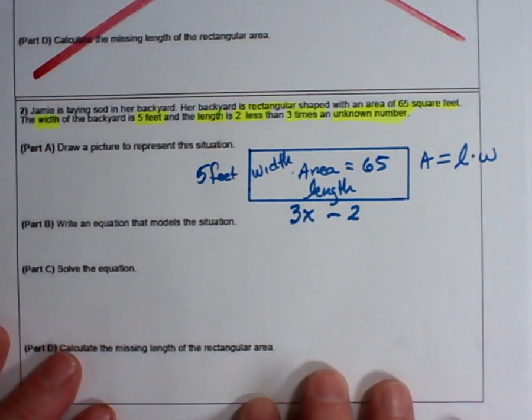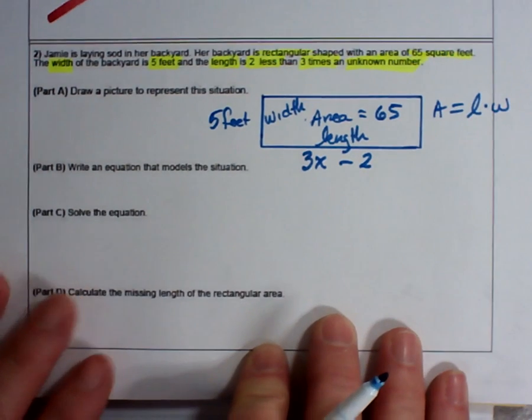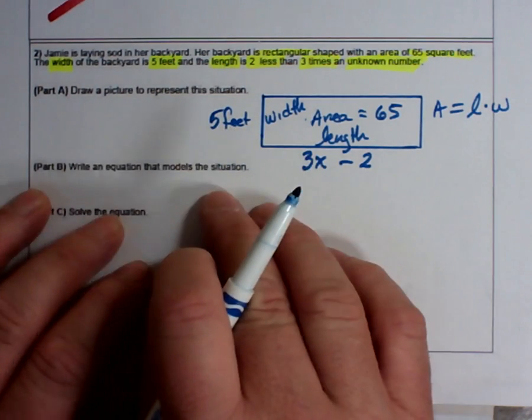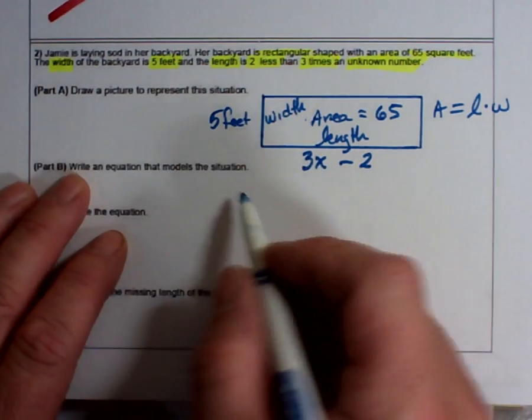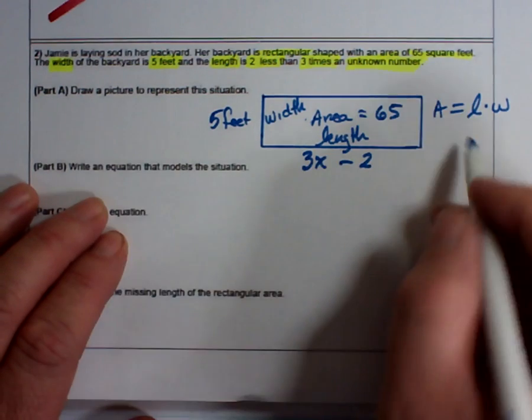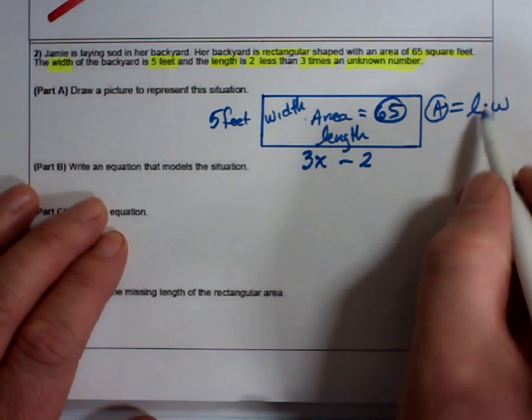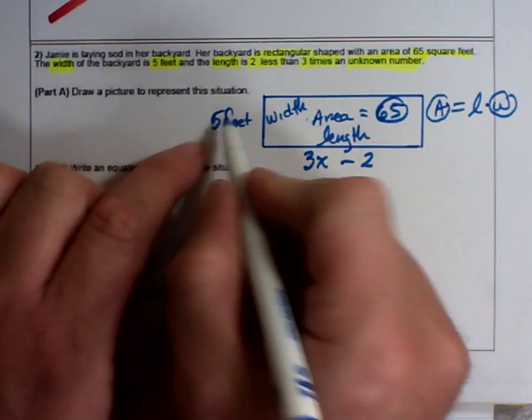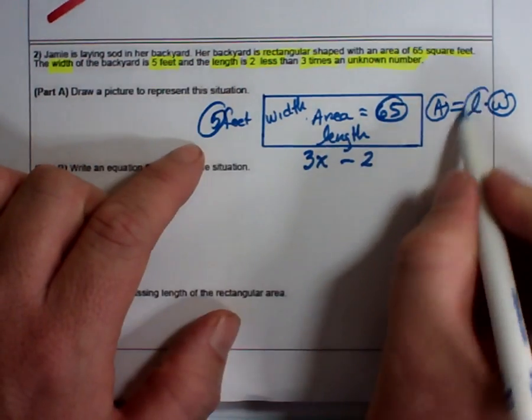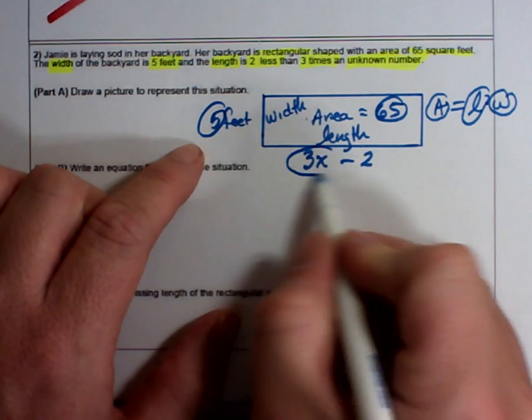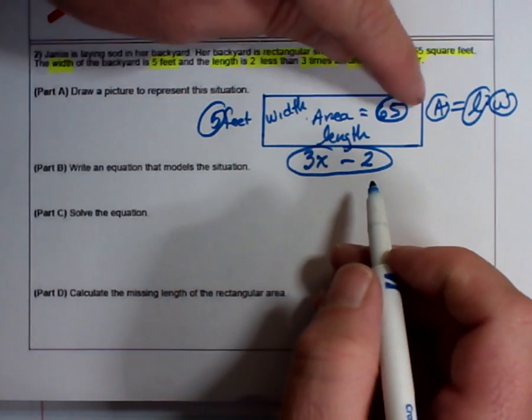So I need to write an equation that models the situation. I have area equals length times width. But I know what area is. Area is 65. I know what the width is, it's 5, and I know what the length is, it's 3x minus 2. So I'm going to plug those things in.